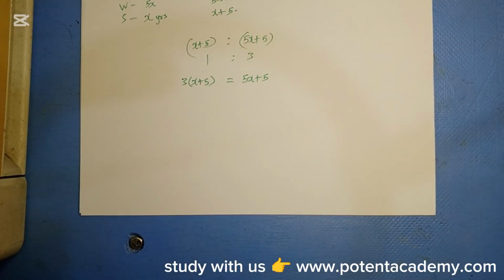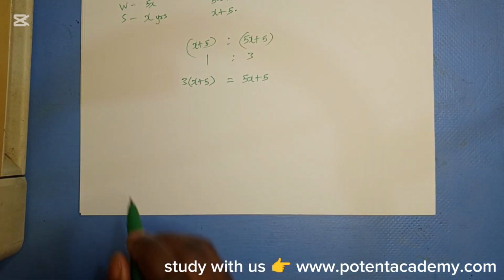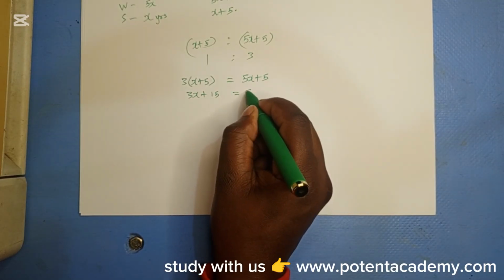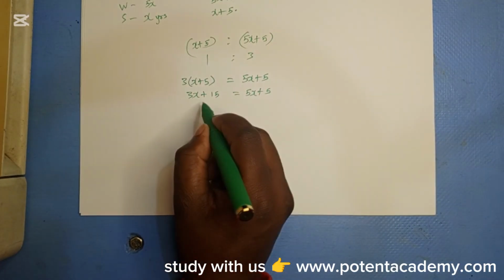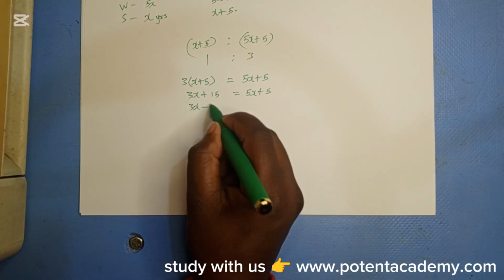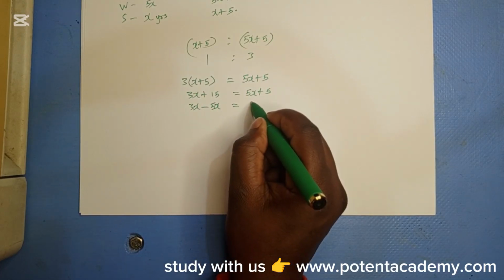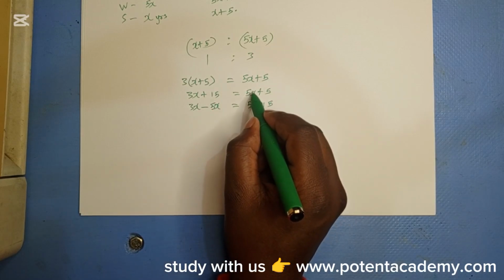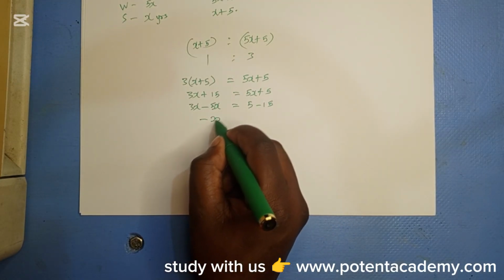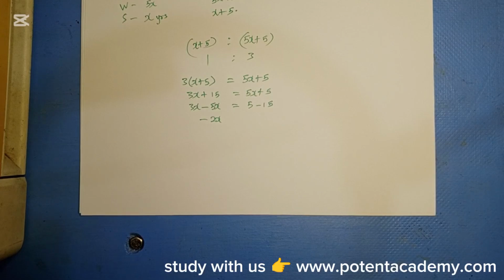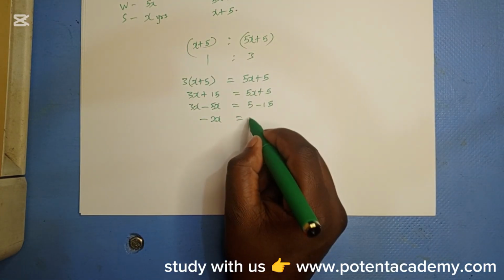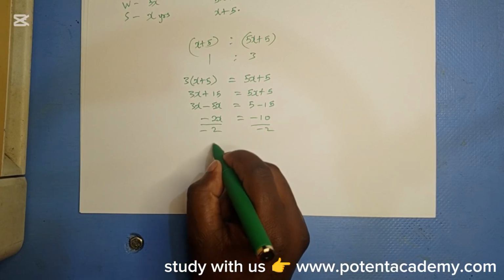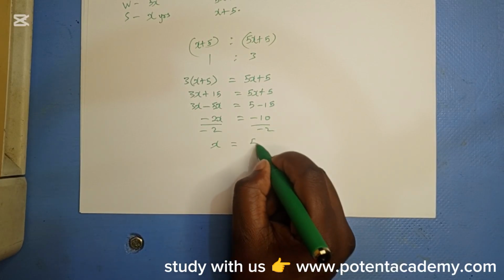So you can open the brackets to find the value of x. 3x plus 15 equals 5x plus 5. So you have 3x minus 5x equals 5 minus 15. You take this to the other side, and this to the other side. 3x minus 5x is negative 2x, equals negative 10. Divided by negative 2, negative 2, so x will be 5.